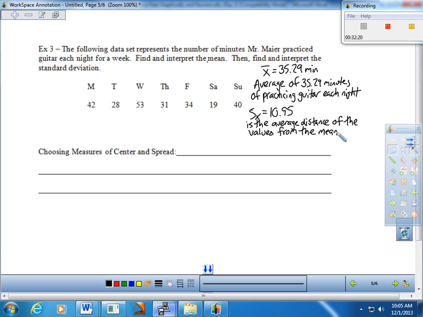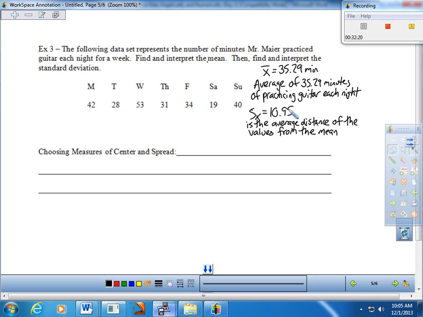The mean was 35.29, and our 7 values here, on average, are 10.95 units away from that mean. Hope that makes pretty good sense. So we've got mean and standard deviation.